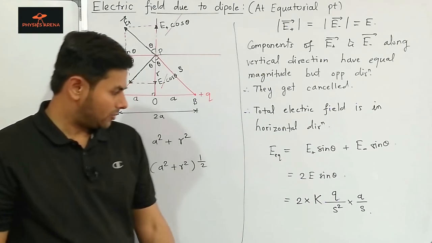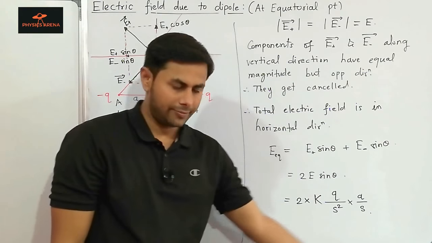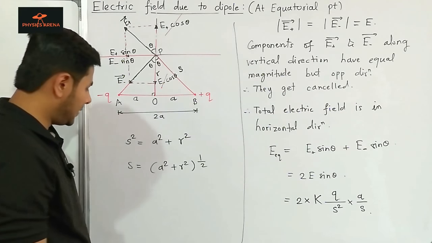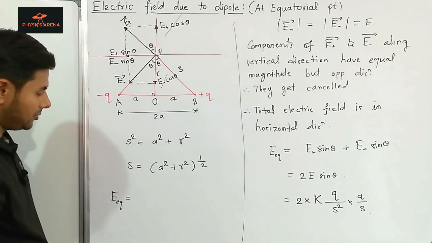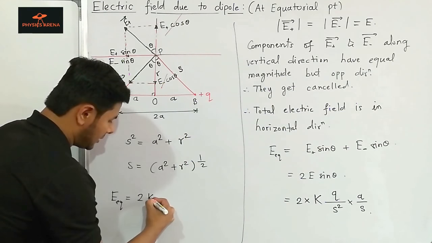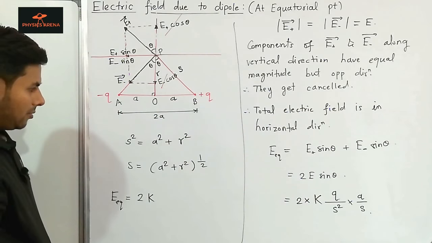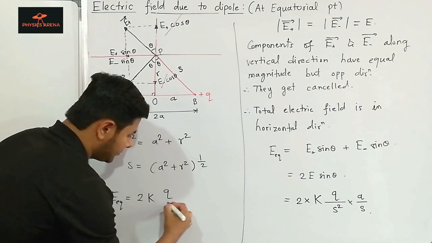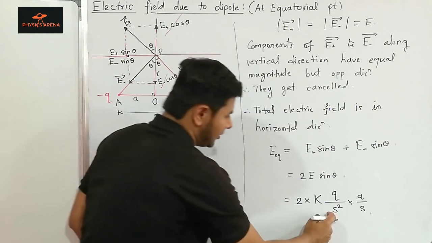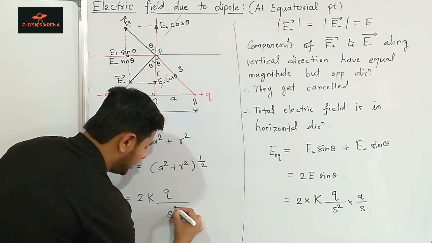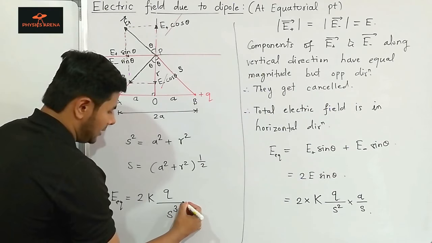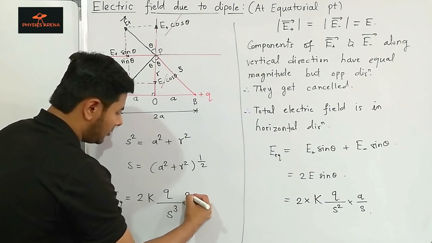Now let's put those values here. So I can write the E equatorial is equal to 2 times K multiplied by Q divided by S squared into S, which is S cube, and multiplied by we have A.